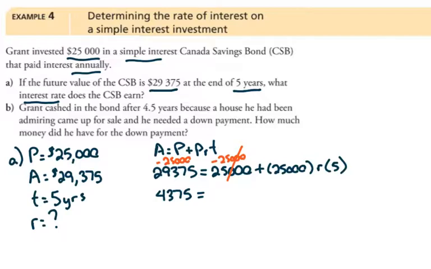On the right, we can multiply the 25,000 times 5 and give us 125,000 R. Solve for R, divide both sides by 125,000.